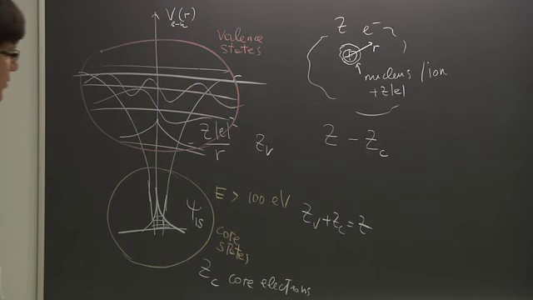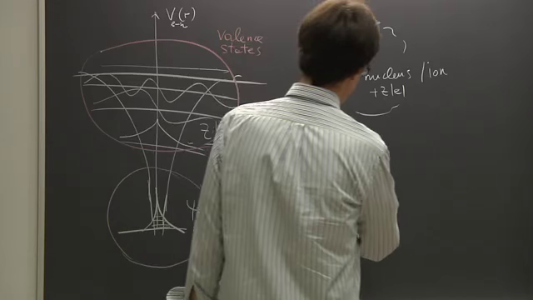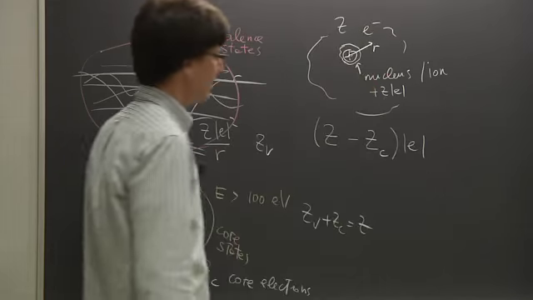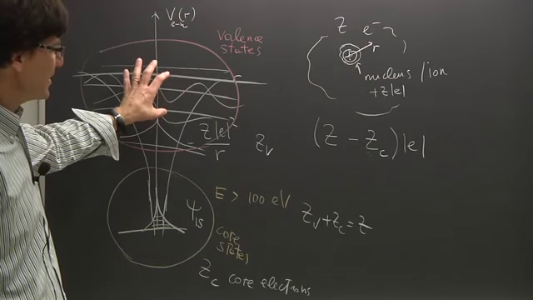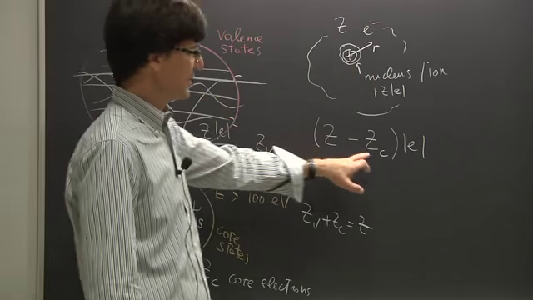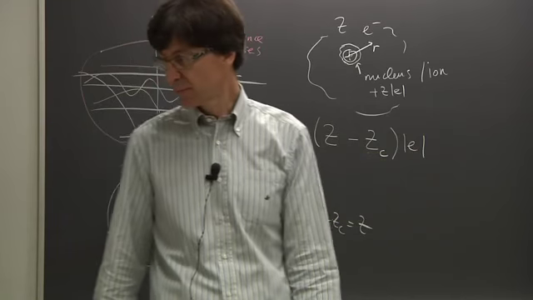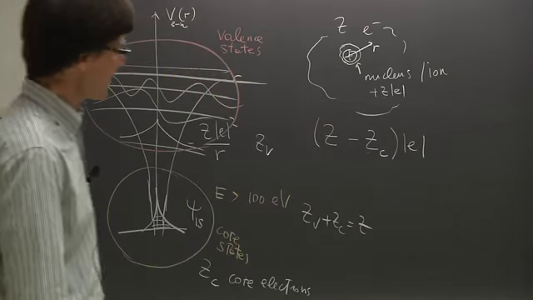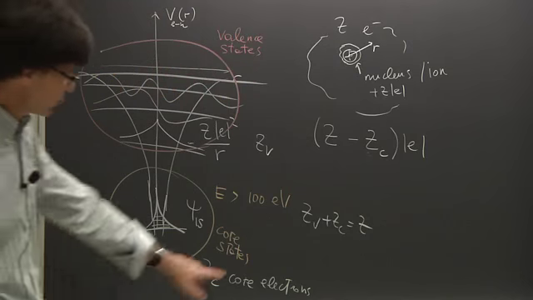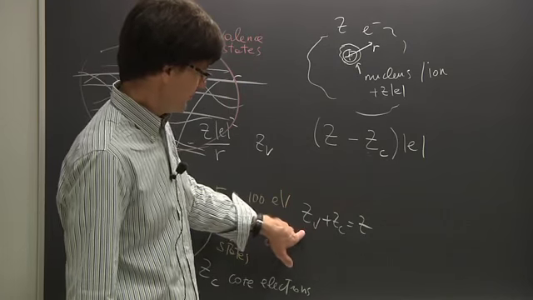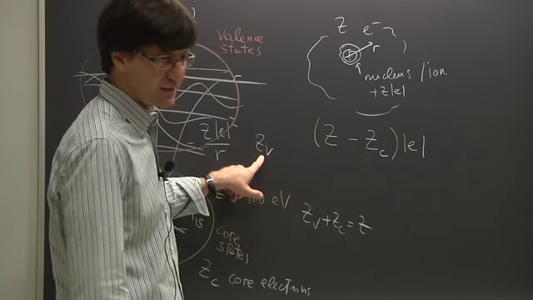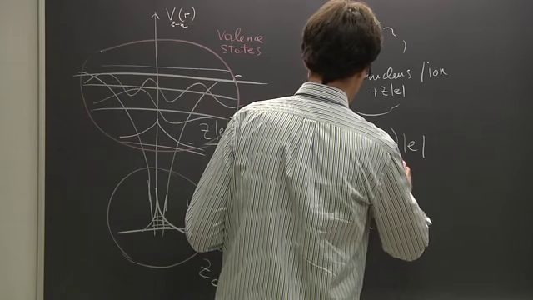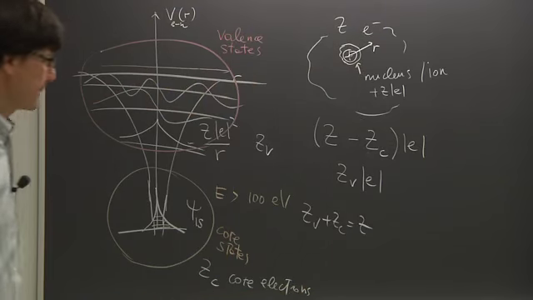So the overall charge seen by valence electrons is given by this number. Okay? But because of this, Z minus ZC, of course, is ZV. Okay?